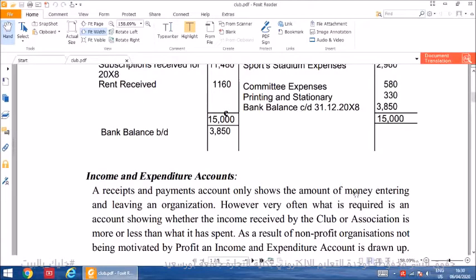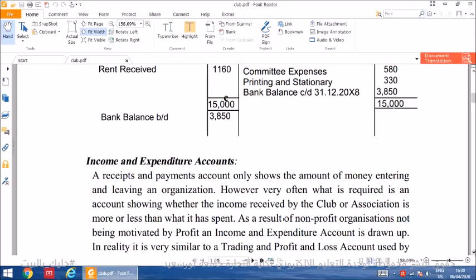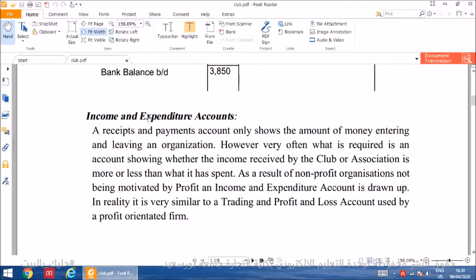Income and expenditure accounts. The receipts and payments account only shows the amount of money entering, receipts, and leaving, payments, an organization.